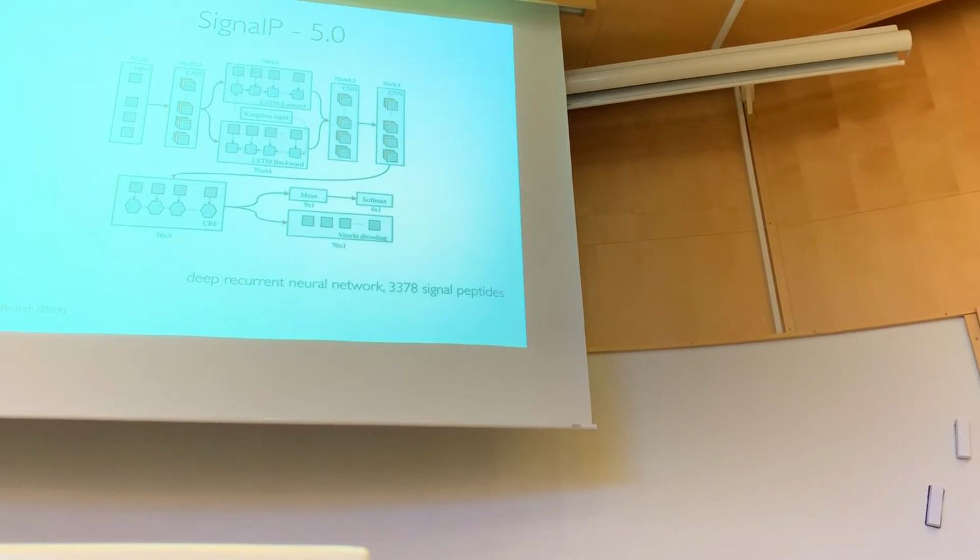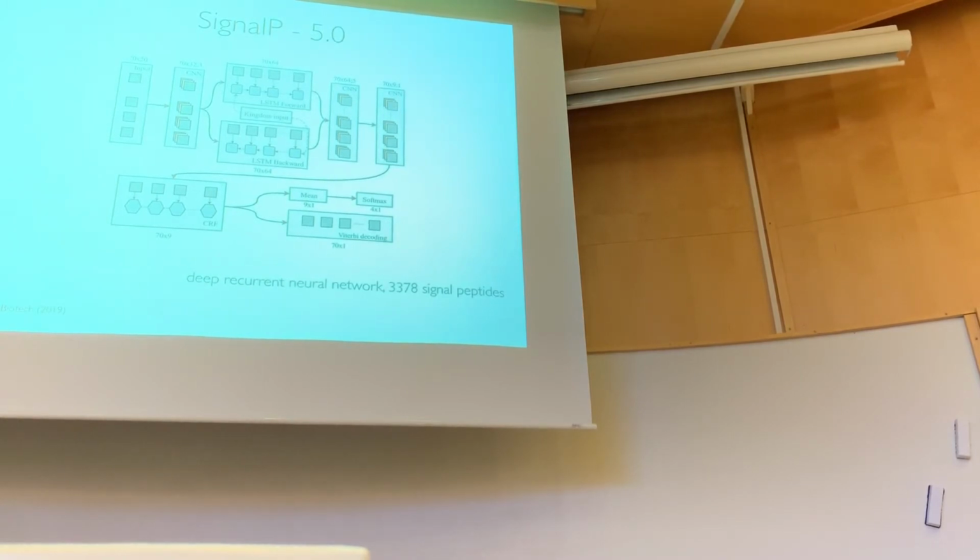Also the data sets have been expanded so that there are specific data sets for different kingdoms. There's a bacterial data set, an archaeal data set, and I think a yeast and a eukaryotic data set, so they've been trained on separate data sets. And so you also input what kingdom the sequence is from, and so on.